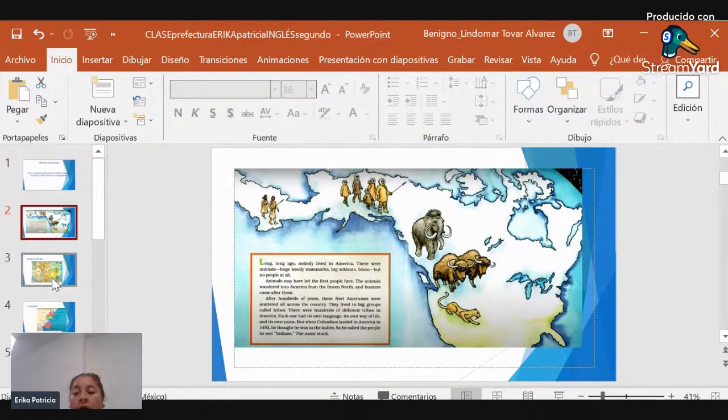Okay, the first thing we started knowing was about the first people that arrived to America, and these people came from Asia. Remember that they were hunting animals and they followed the animals through the Bering Strait, and without knowing, they were in America, the United States.